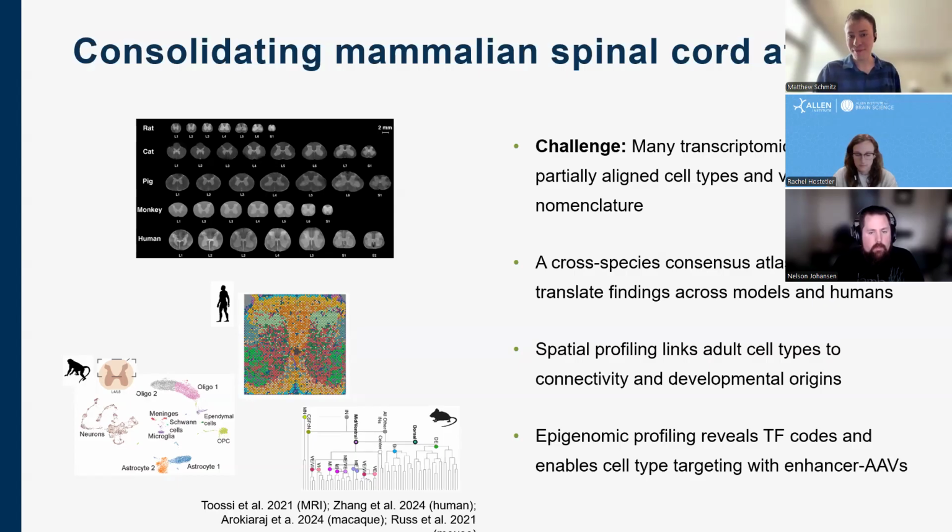And then we're also going to talk about some epigenetic profiles, which will reveal some transcription factor codes, and how this can enable cell type targeting with adeno-associated viruses.